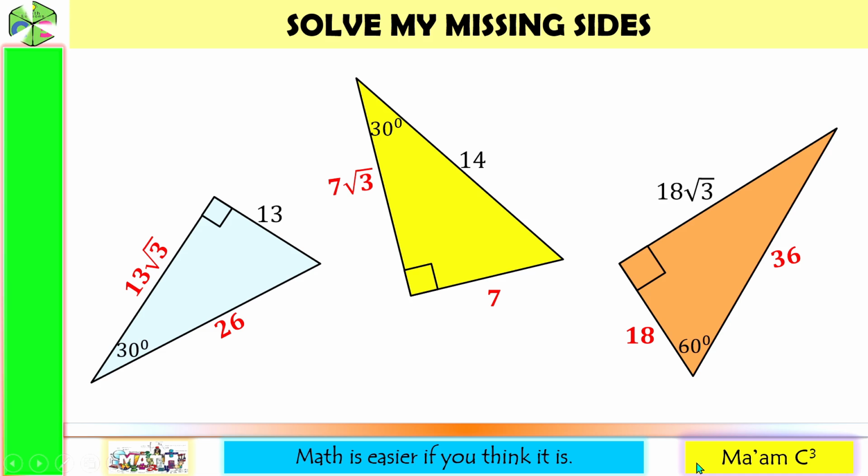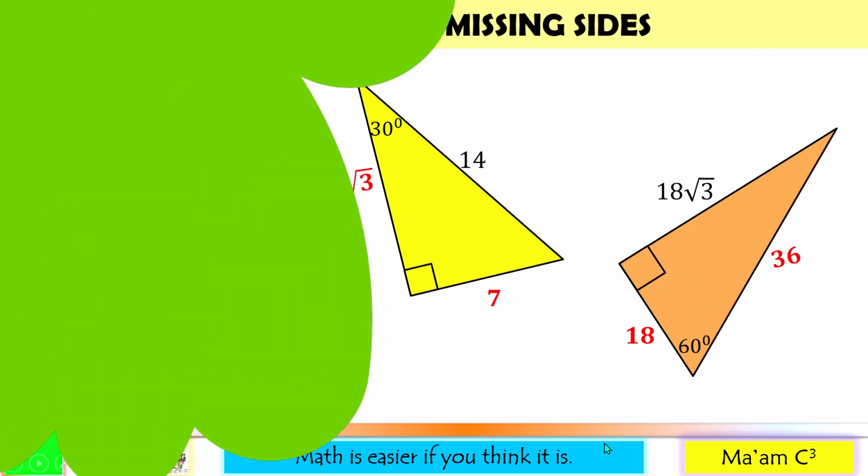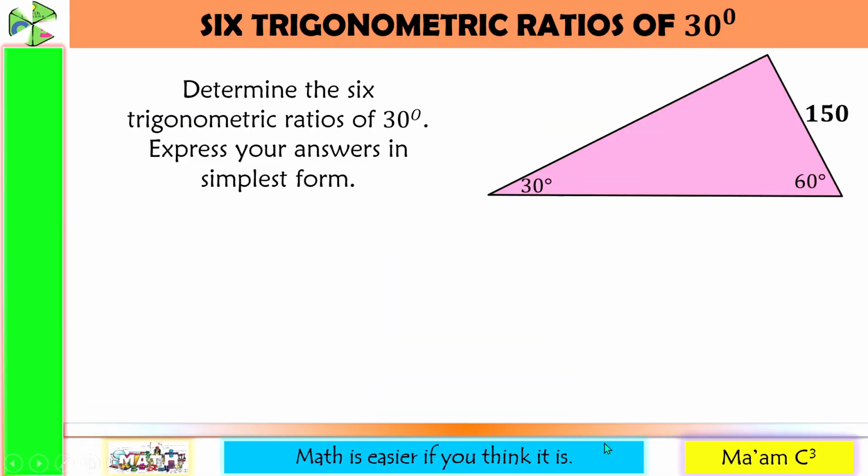Now that you have mastered solving for the missing sides of a 30, 60, and 90 degrees triangle, let us solve for the 6 trigonometric ratios of 30 degrees. I have here a triangle. Only one side is given. This side is opposite 30 degrees, so this is the shorter side.